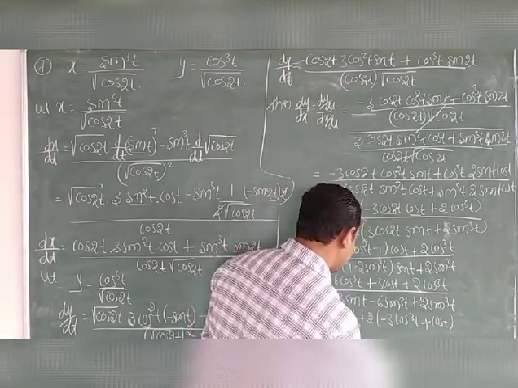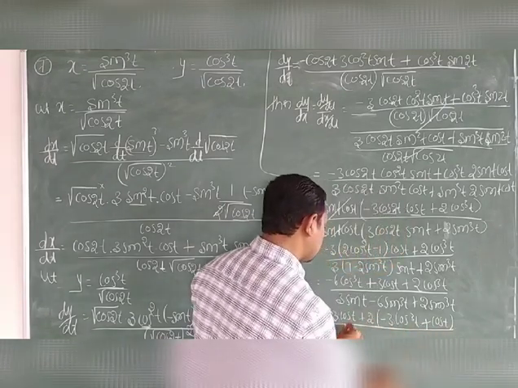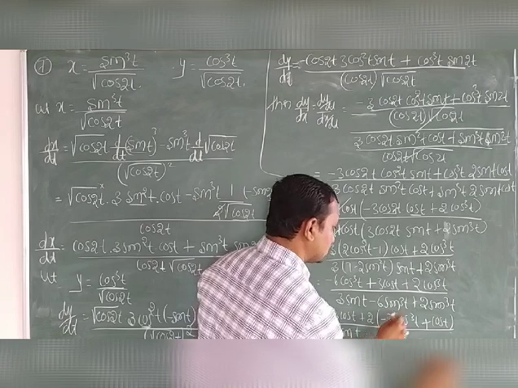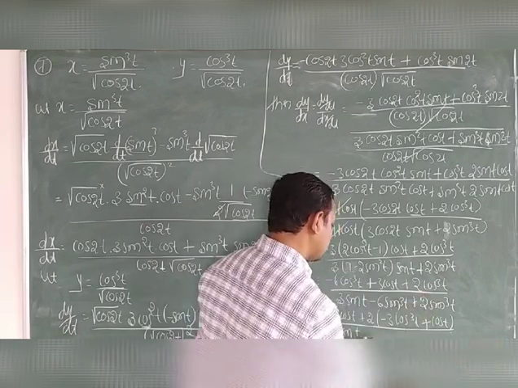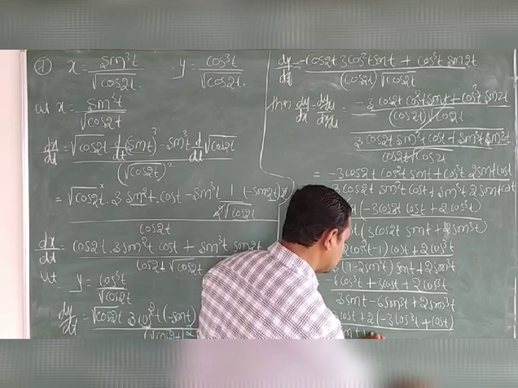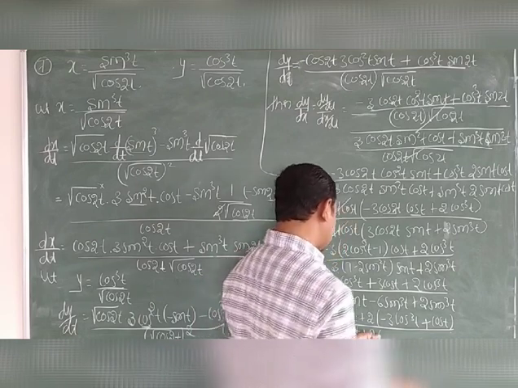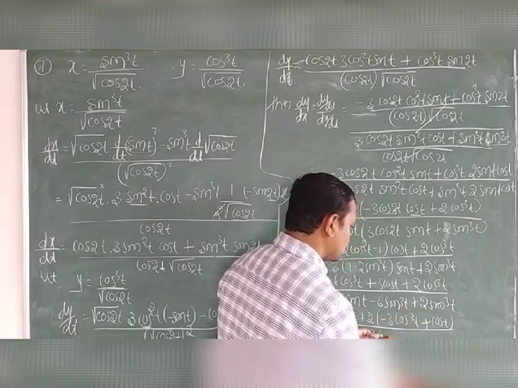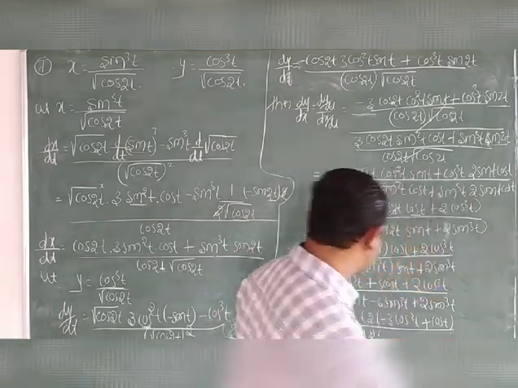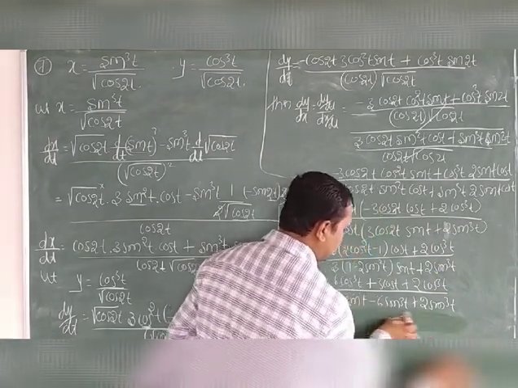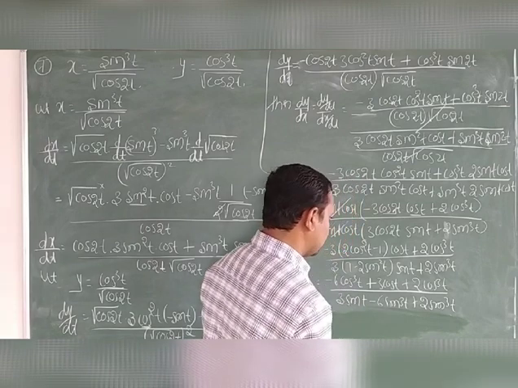Whole divided by, here also 3 sin t as it is. Here also take 2 as common. The remaining term, what is that? Or else you can cancel this step and multiply, first of all 3 plus 2.